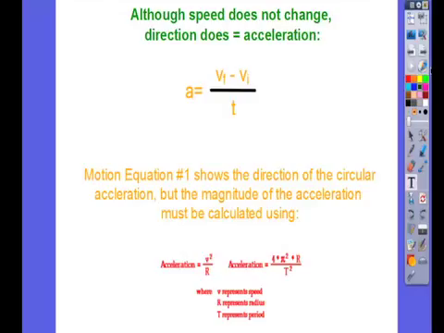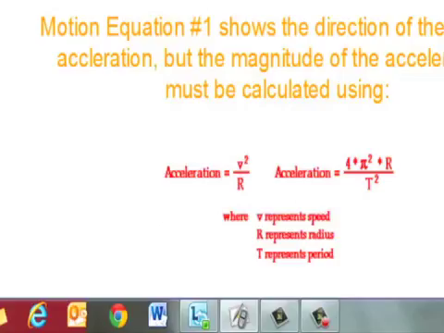However, when we are in a circle, we can't use a linear equation. So if we want to calculate the magnitude of the acceleration, we use circular motion equations, which would be the velocity squared divided by the radius.